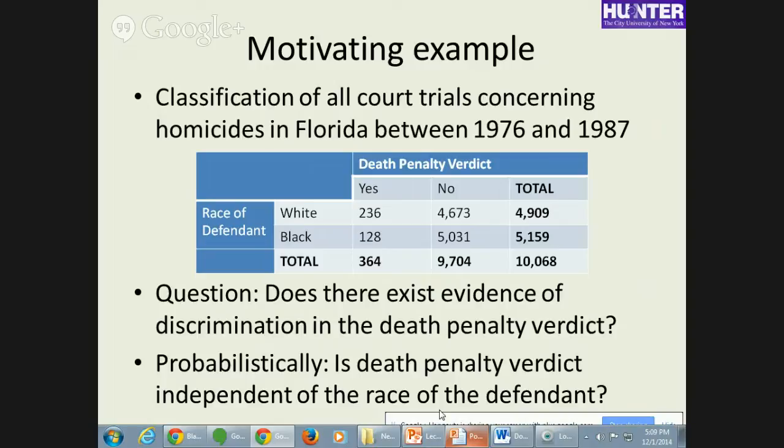Well, imagine, so there is a fairly big difference there, and there is more to this data set than just this table, which I'll show later. But even with just this table, you could imagine if there were a difference between like 236 to 230, you don't know if that is just a variation that you would expect even under a null hypothesis of no difference, or whether that is incompatible with independence between race and death penalty verdict.